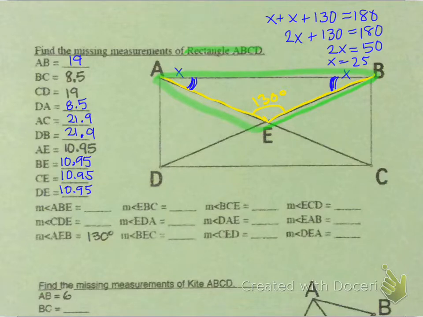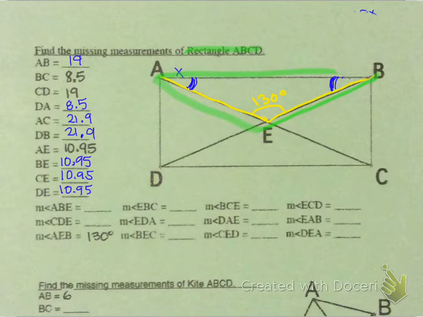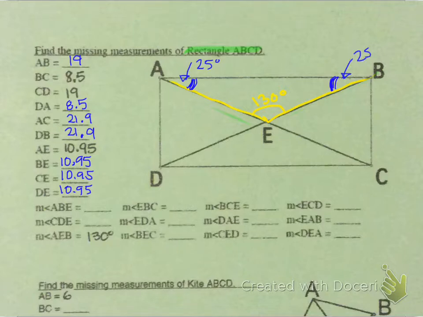I'm going to erase a little bit of stuff here so that I can make some more markings. I know that one's 25, that one's 25. Since I found those two, this one over here and this one over here, in a congruent triangle to the one I was just working with, are both also 25.